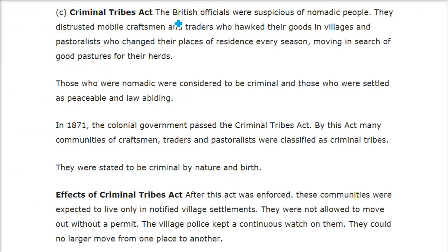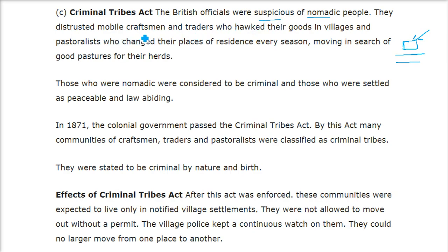Criminal Tribes Act. The British officials had a different thought. Those who were living in one place, say one house, a village or a neighborhood, were seen as good. But those who were nomadic, that is, those who move, were seen with suspicious eyes.